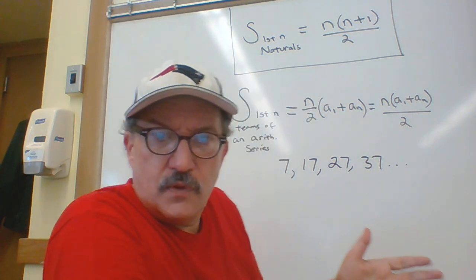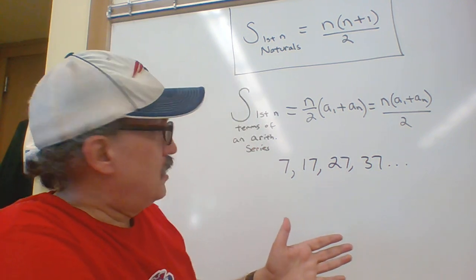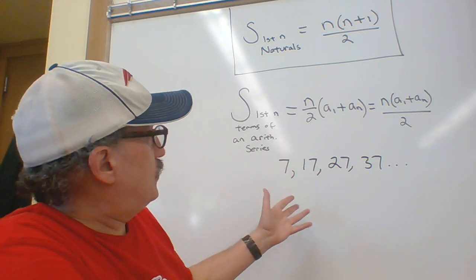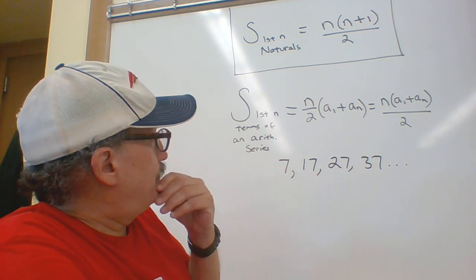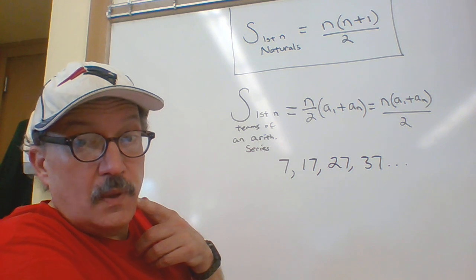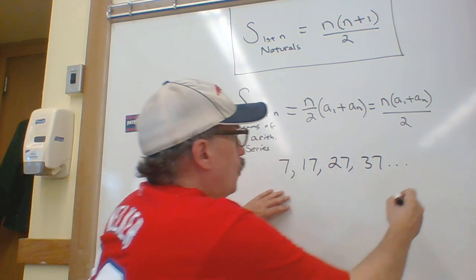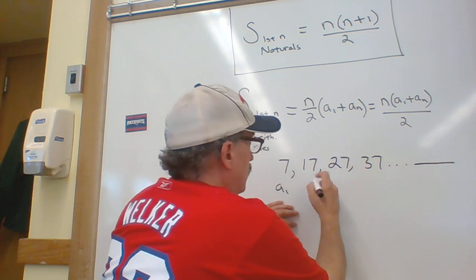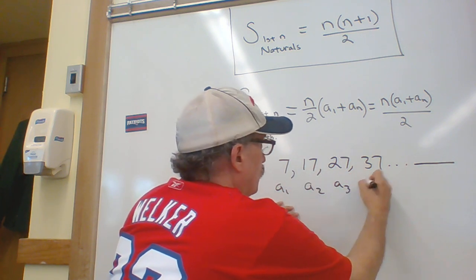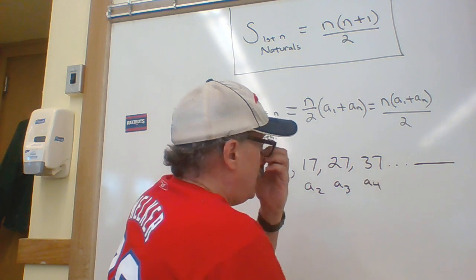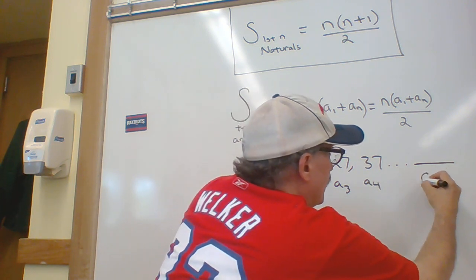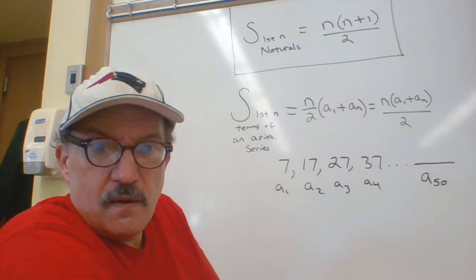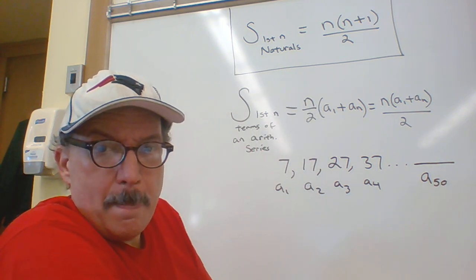That's a fairly easy arithmetic sequence to come to terms with. A sub 1 is 7, and the difference is 10, right? This is A sub 1, A sub 2, A sub 3, A sub 4. We already know how to find, let's say, A sub 50.